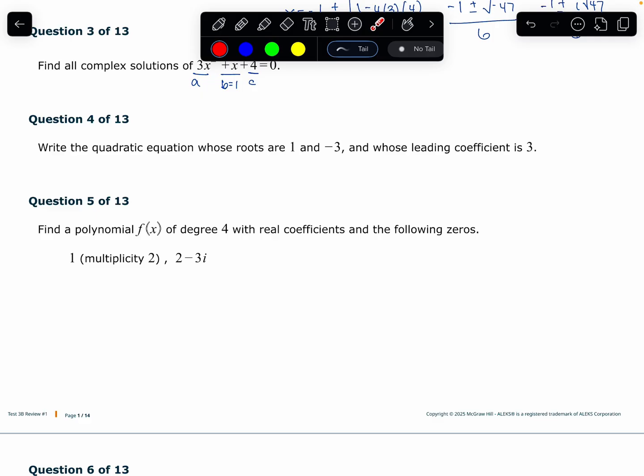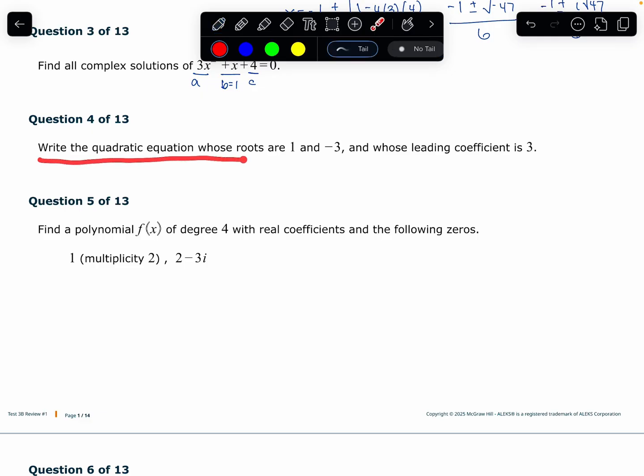For 4, write the quadratic equation whose roots are 1 and negative 3 and whose leading coefficient is 3. Okay, so let's see.